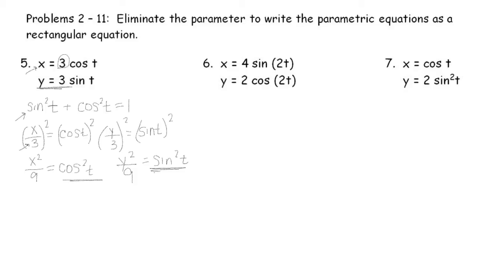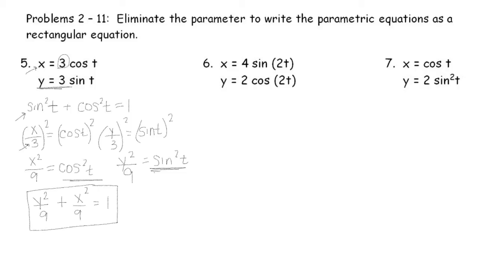So in place of sine squared, I'm putting y squared over 9 plus cosine squared, so I'm going to put x squared over 9. And all of that's equal to 1. And it is perfectly okay to leave it just like that.